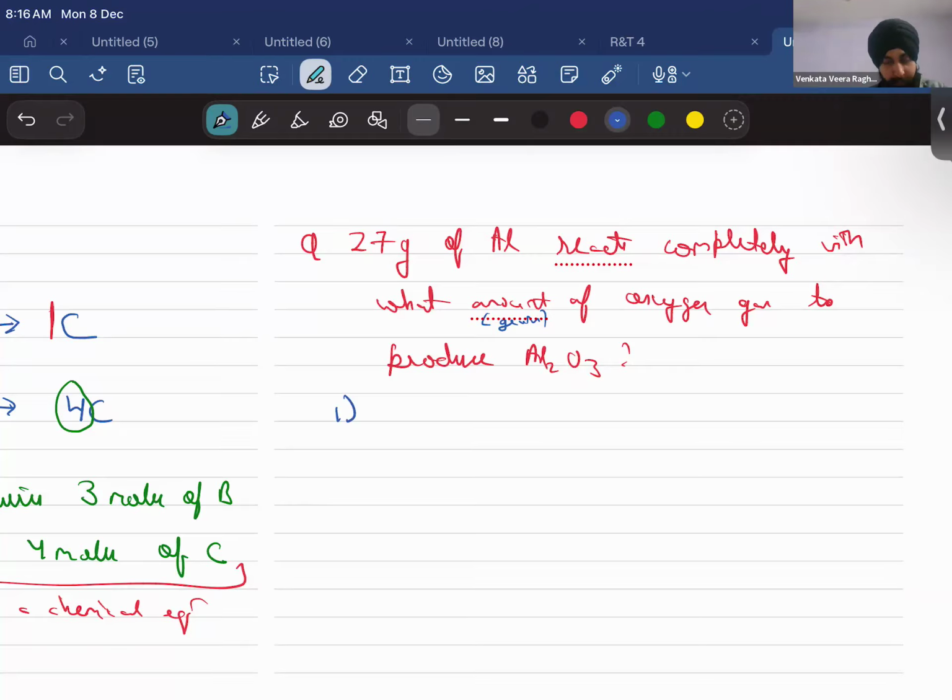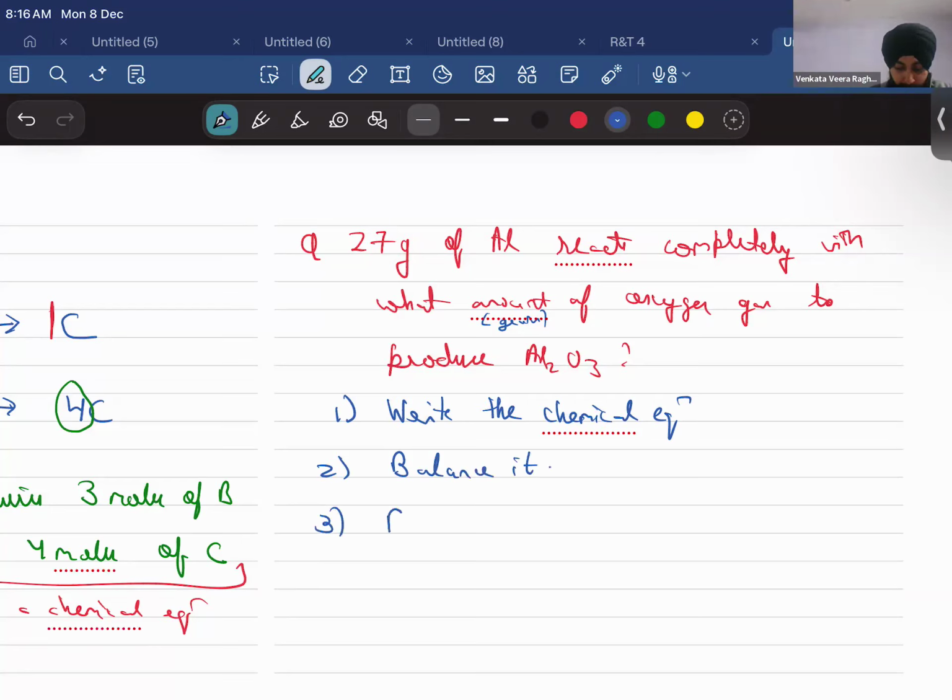See, the first step of these types of questions is to write the chemical equation. The second step is to balance that chemical equation. The third step says that after balancing, read the chemical equation. Very, very important. You have to read the chemical equation which you have written.